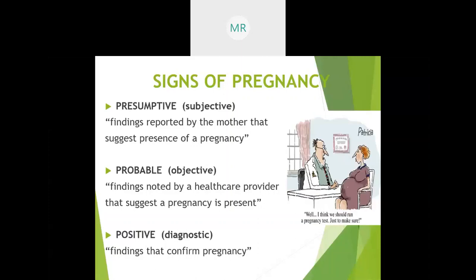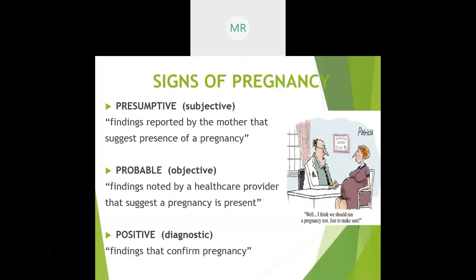Goodell's sign, because remember Goodell's was a softening of the cervix. Hegar's sign, a softening of the lower uterine segment. Then we have Chadwick's sign, bluish purplish color of the mucous membranes, the vaginal wall.